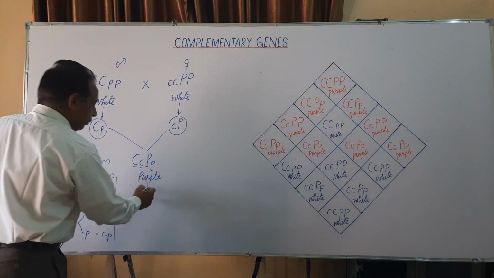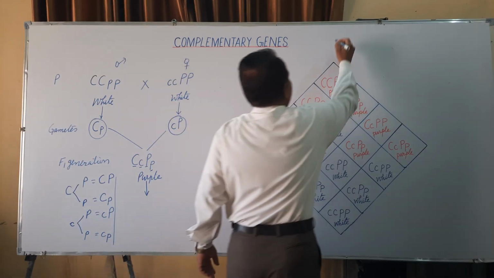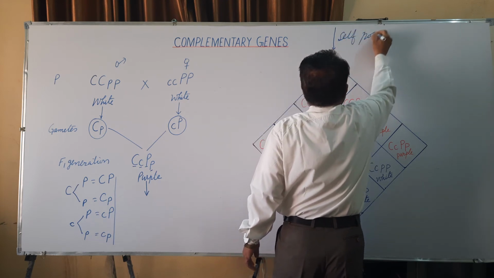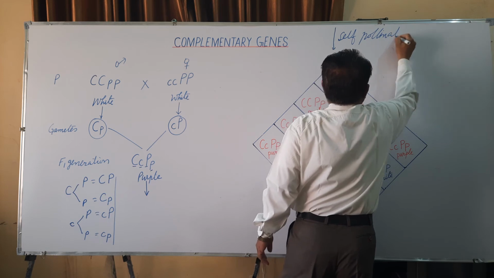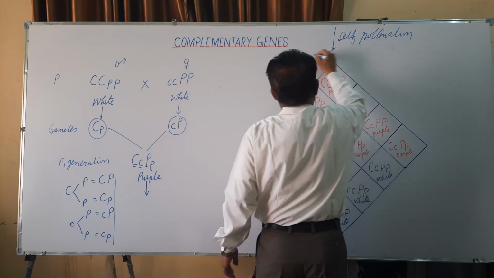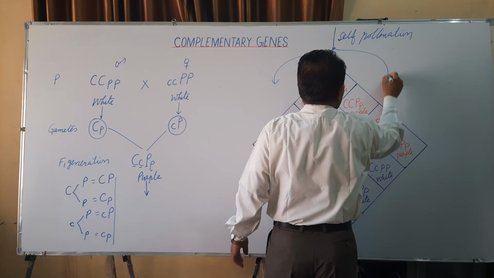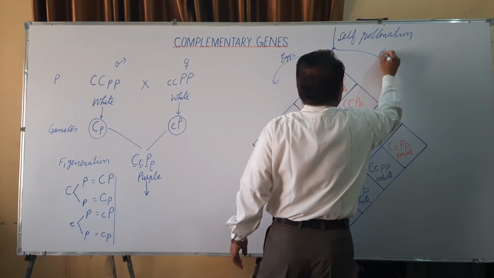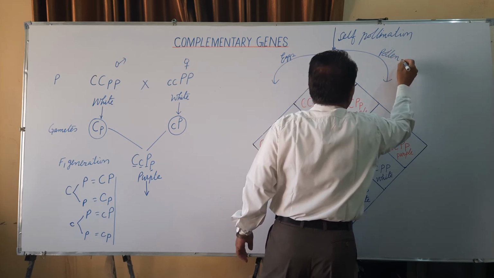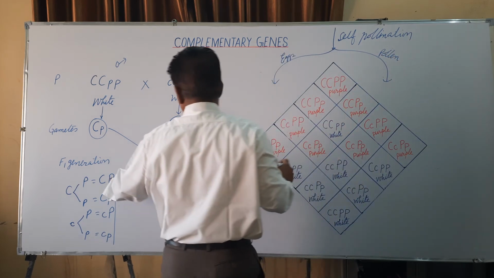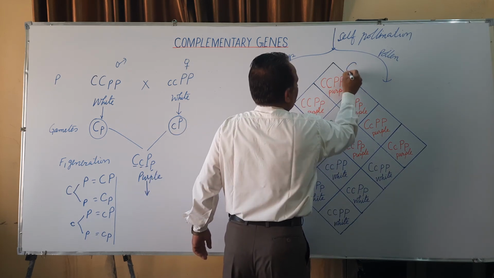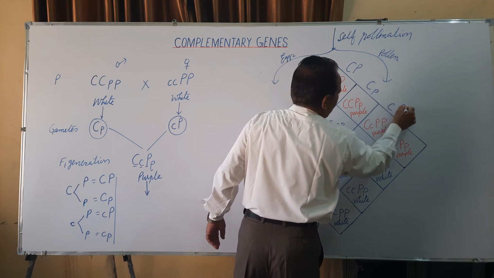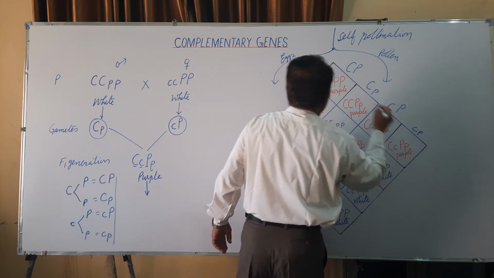When the F1 plants are self-pollinated, the pollen producing the male gametes possess the genotypes capital C capital P, capital C small p, small c capital P, small c small p.